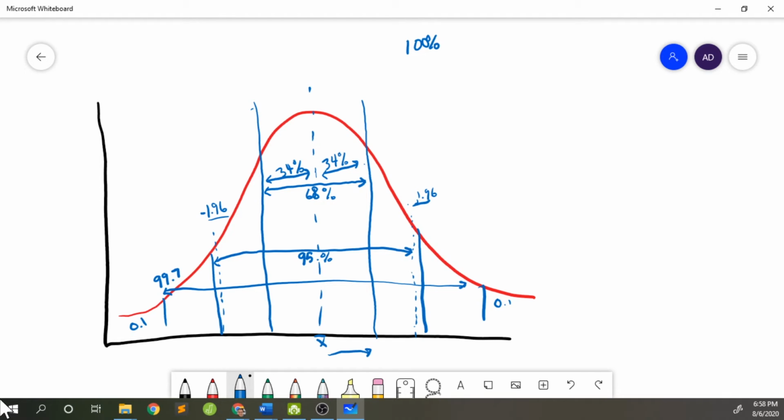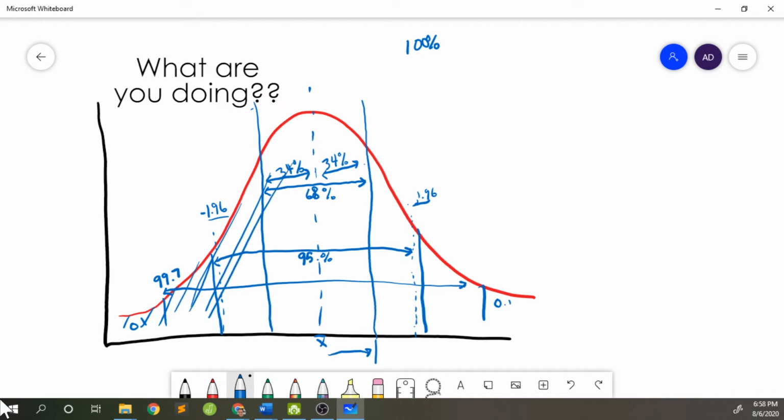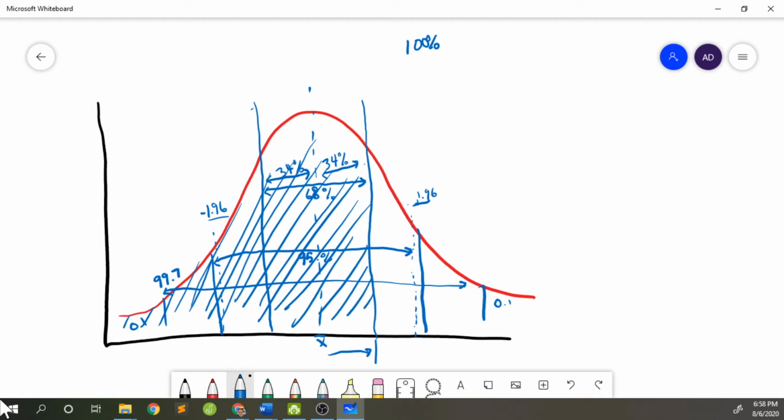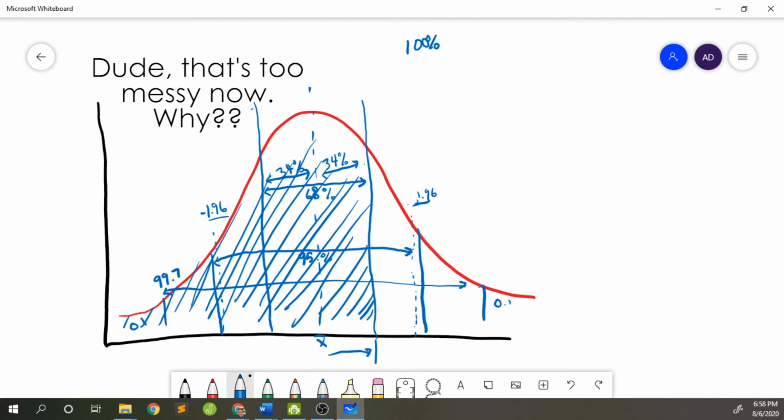So 50 plus 34.1% would give you 84.1%. So if you have a Z-score of 1, you scored better than 84% of individuals. Right? Now that's pretty cool.